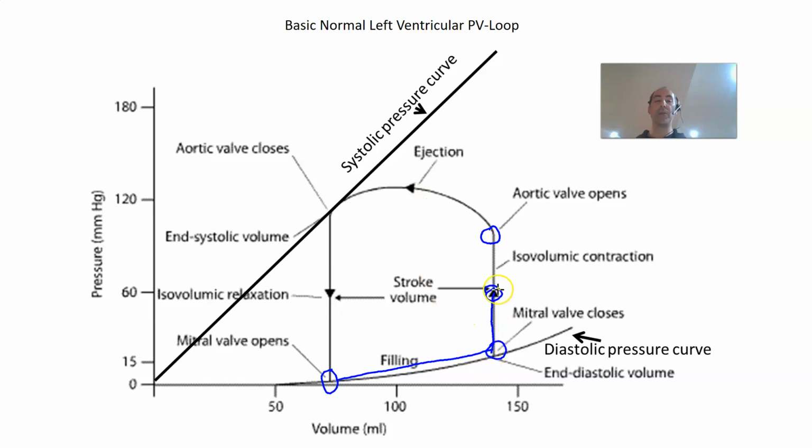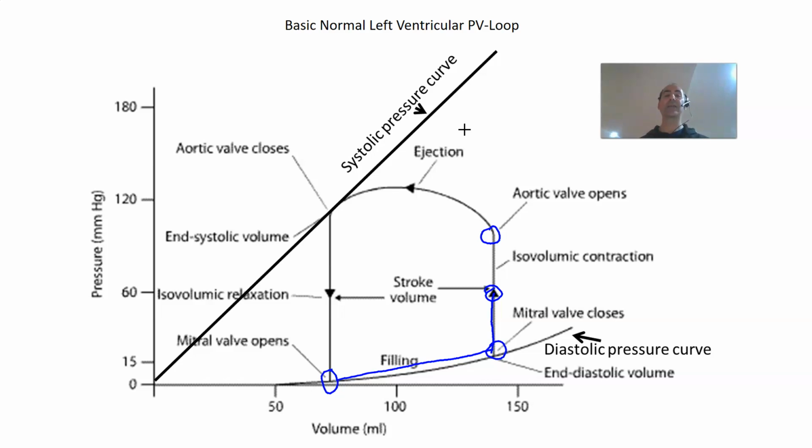So the PV loop has to reside between the diastolic and the systolic pressure curve under non-pathological conditions. This is not pathology. This is normal, basic physiology. So here's what you're going to do. I don't want to make this video too long, so you need to memorize all of these parts and make sure that you could draw a PV loop in about 2 to 3 minutes.